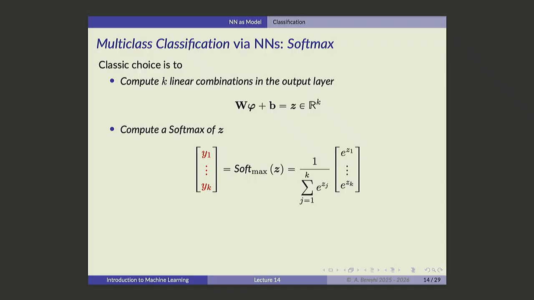The second thing, we want them to add up to 1, right? So we're going to divide all of them by their sum, right? So the sum of all of these exponential values, e to the power z1 to e to the power zk. You add all of them up, right? And you put it as a normalization factor. Now, if you do that, what's going to happen?